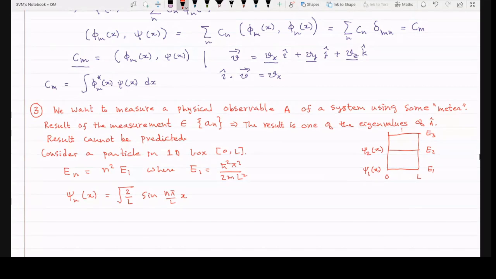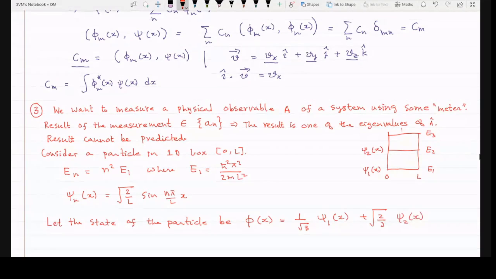Suppose, let us say that the state of the particle, let us say that this state I am going to call it as phi of x, which is given by 1 by square root of 3 into psi 1 of x plus square root of 2 by 3 into psi 2 of x.